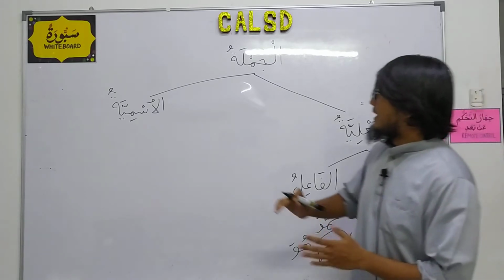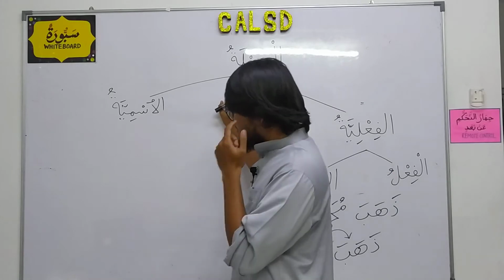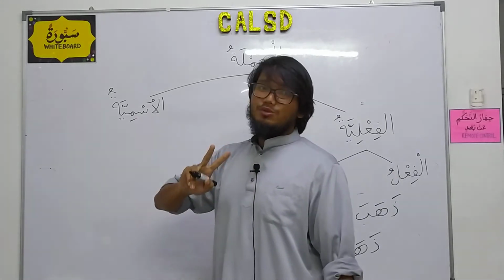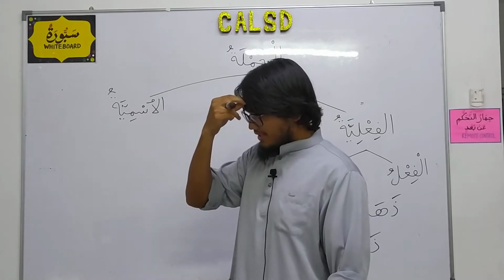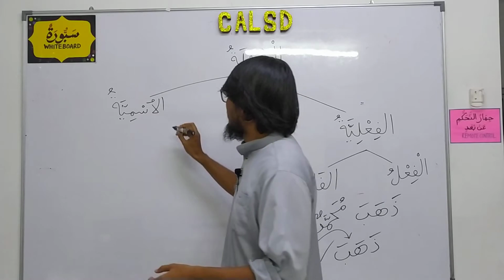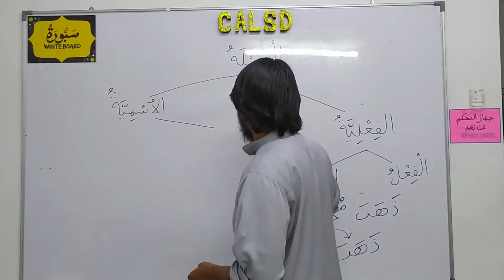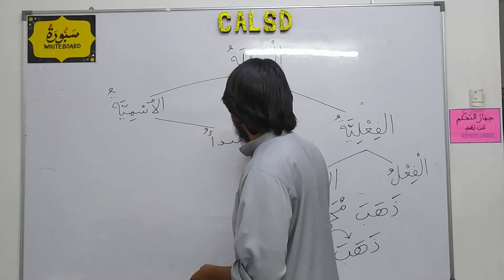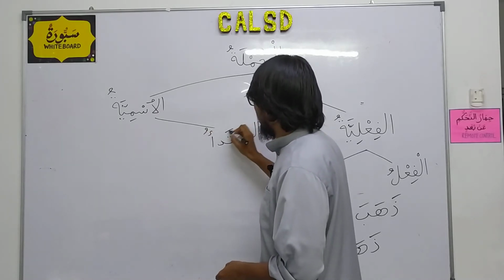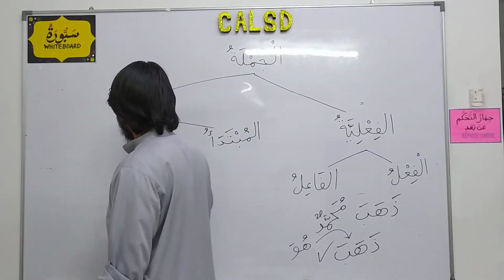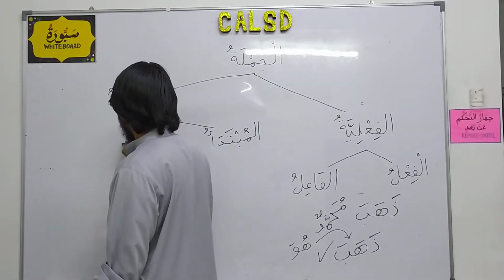Now, for al-jumlatul ismiyatu, it has two, I won't say categories, sorry, it has two parts, or two pillars, which are al-mubtada'u and al-khabaru.